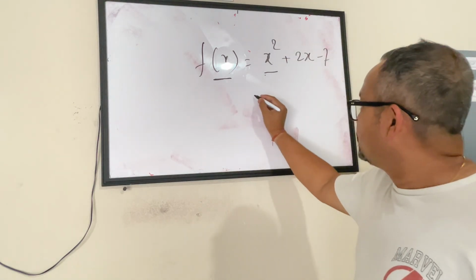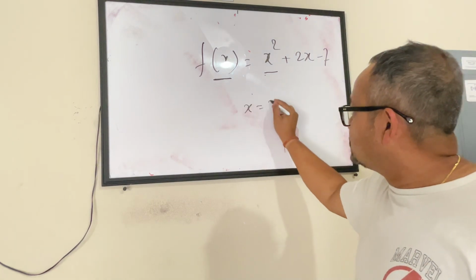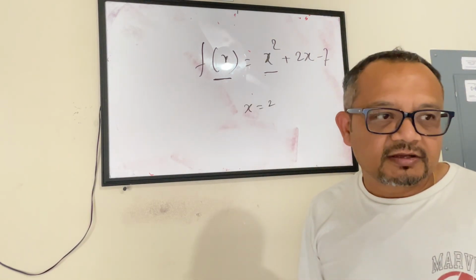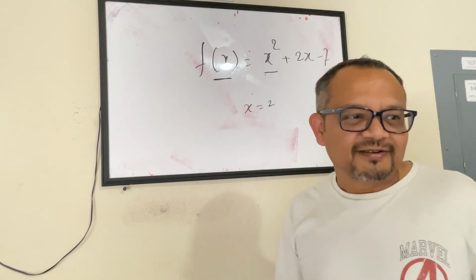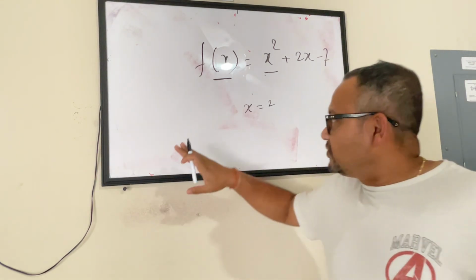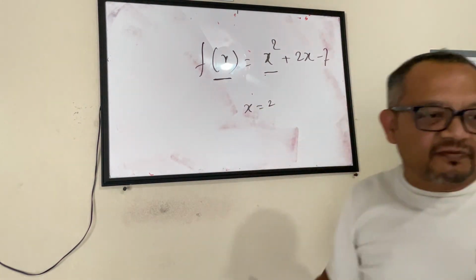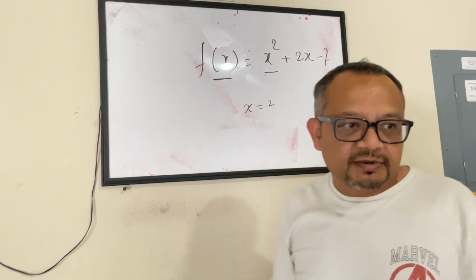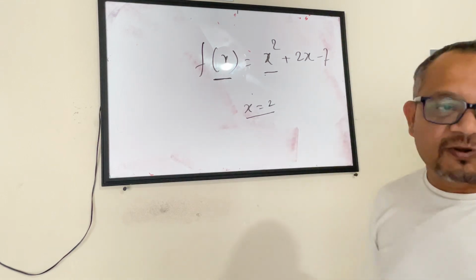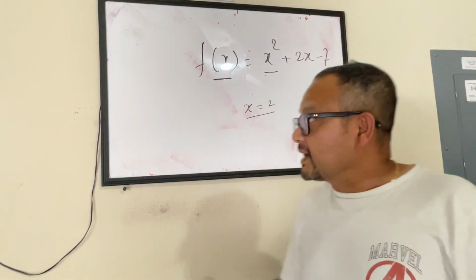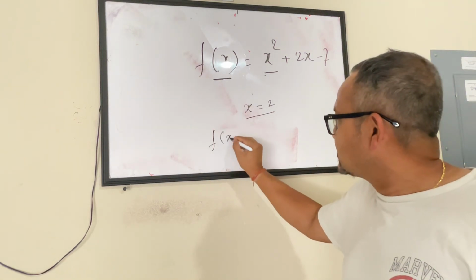So let's say you evaluate this function for x equals 2. Does it make sense so far? You evaluate a function for a given value of the variable that you have in the function, or the expression, whatever you call it. So if you say evaluate this function for x equals 2, can somebody tell me what will be the value of f of 2?